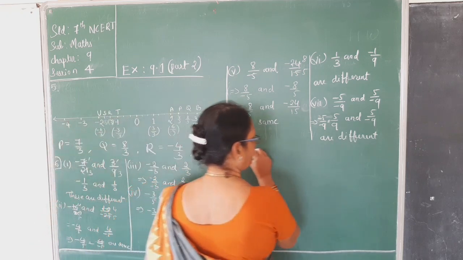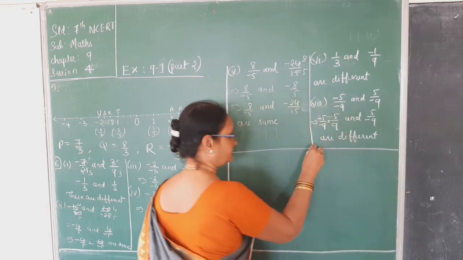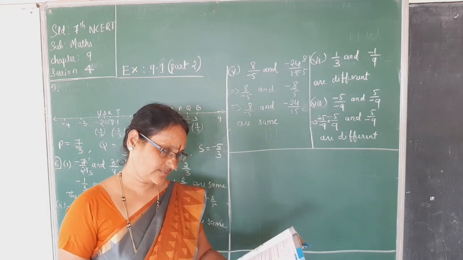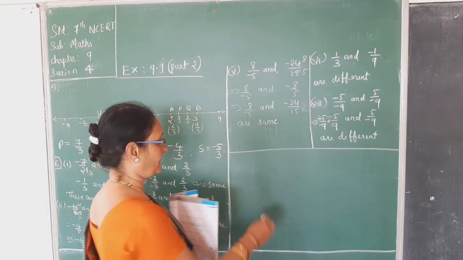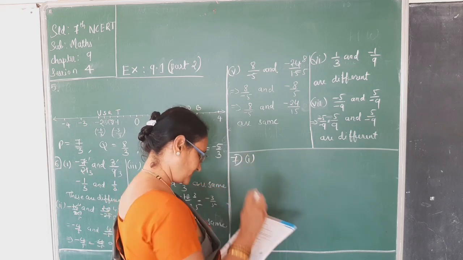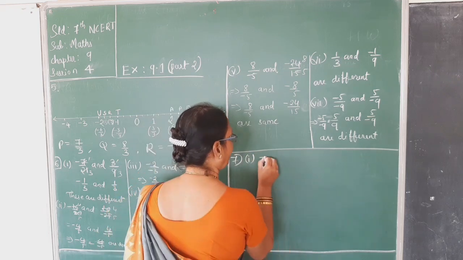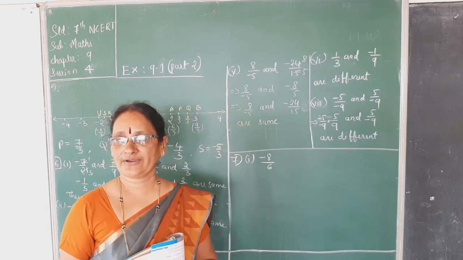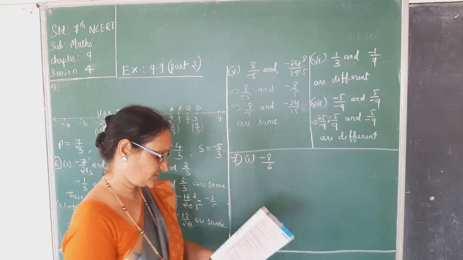Now next one, that is seventh main, we will do. Seventh main, rewrite the following rational numbers in the simplest form. First one, minus 8 by 6. Already I explained to you how to find the reduced form, the simplest form.